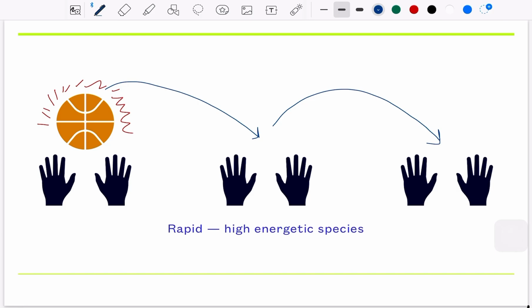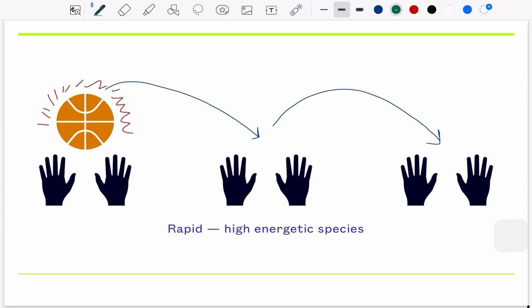And maybe at some point there will be no other friends in the basketball court, and then the last person just puts the ball on the ground. So no ball, and it'll stop passing the ball at that point. So this is what is going to happen in the chain growth polymerization.